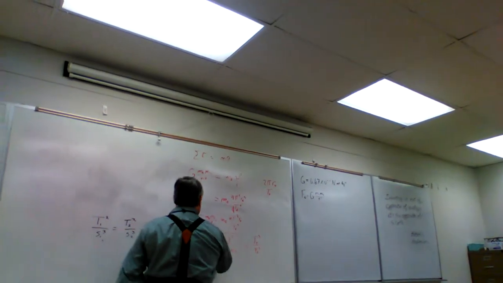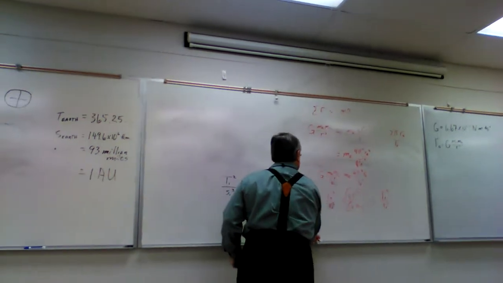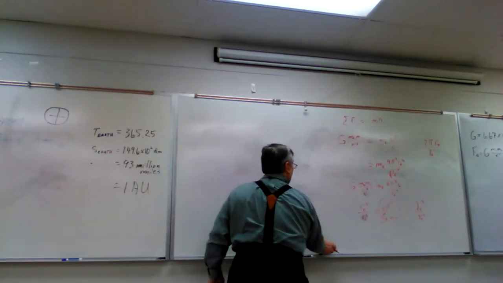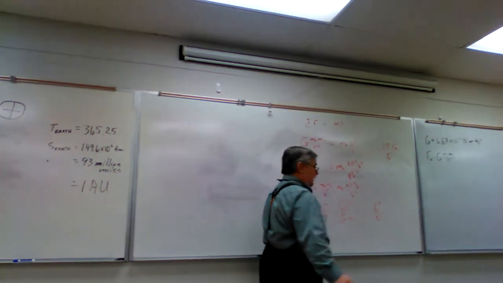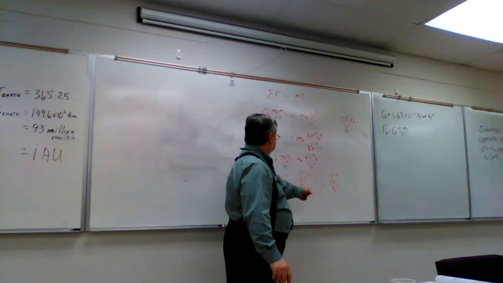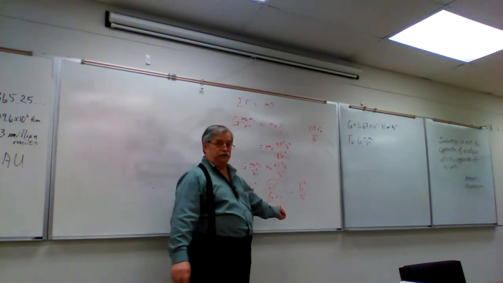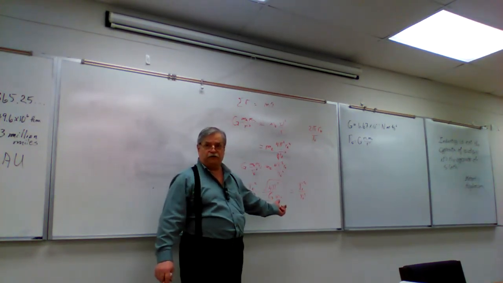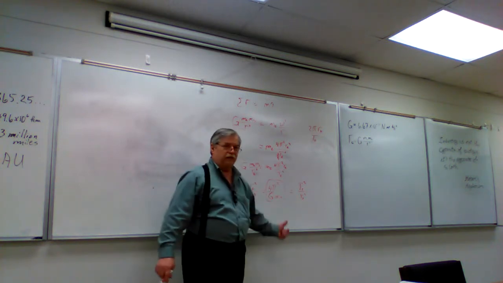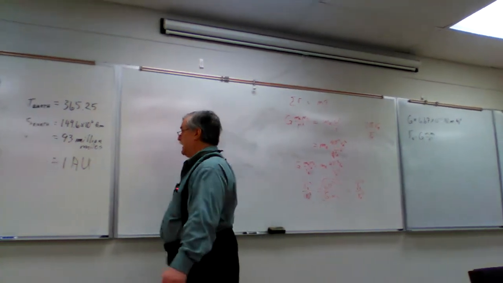We know the period of the Earth, right? We know the average distance of the Earth from the sun. We know G, the universal gravitational constant, because that was measured. That means with this, we can now calculate the mass of the sun.